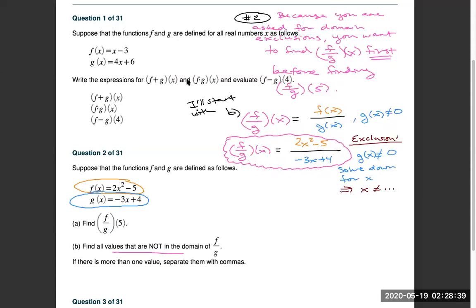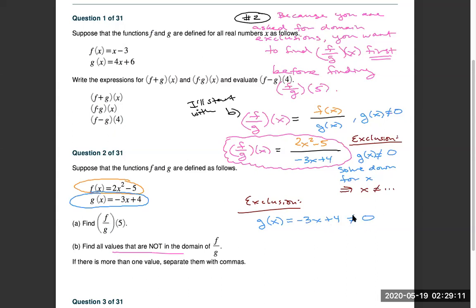So essentially the exclusion here is going to come from this particular inequality. g of x, which is equal to negative 3x plus 4, set that not equal to 0.